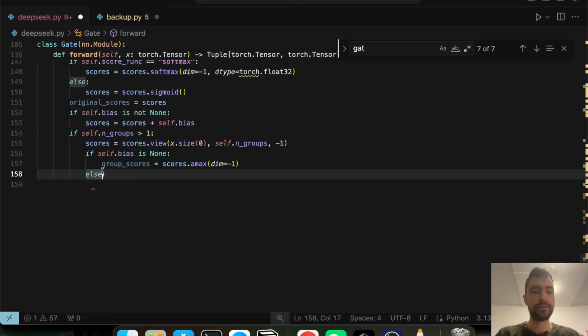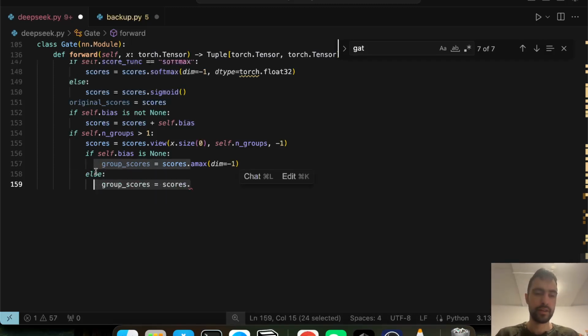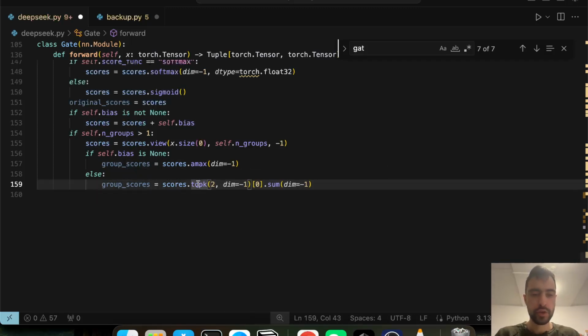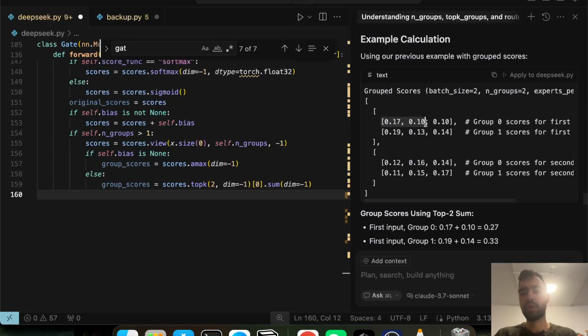But if we do have bias, we're gonna use a bit different method of selecting. So group scores is gonna be equal to scores dot, so I will explain, top k 2, last dimension 0 sum. So we will take here, I will show you the scores again.